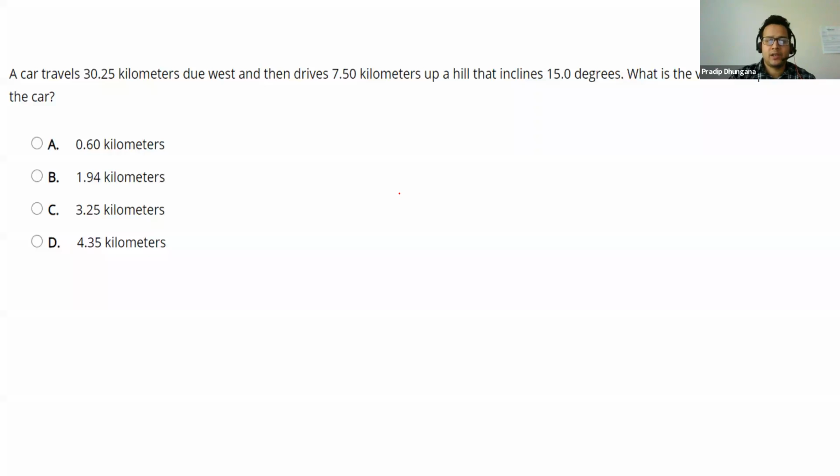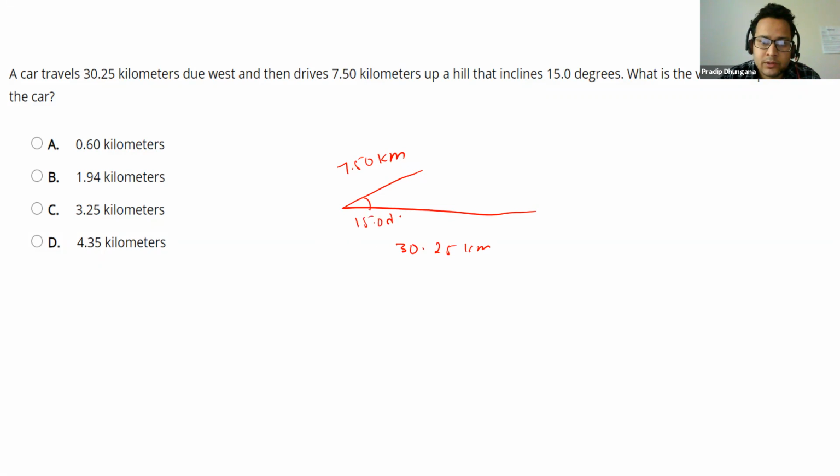At first I'll make a diagram. The car travels 30.25 km due west. This is a straight line, and then 7.50 km up the hill, making an angle of 15.0 degrees.